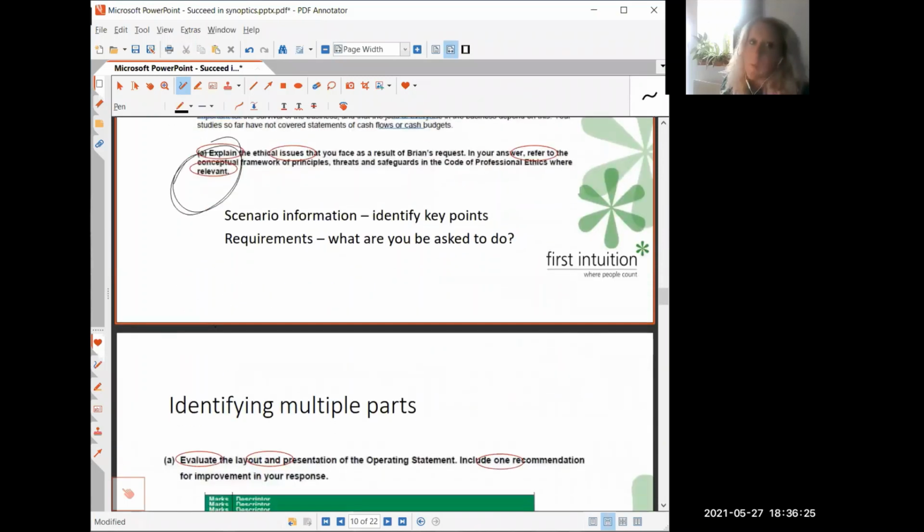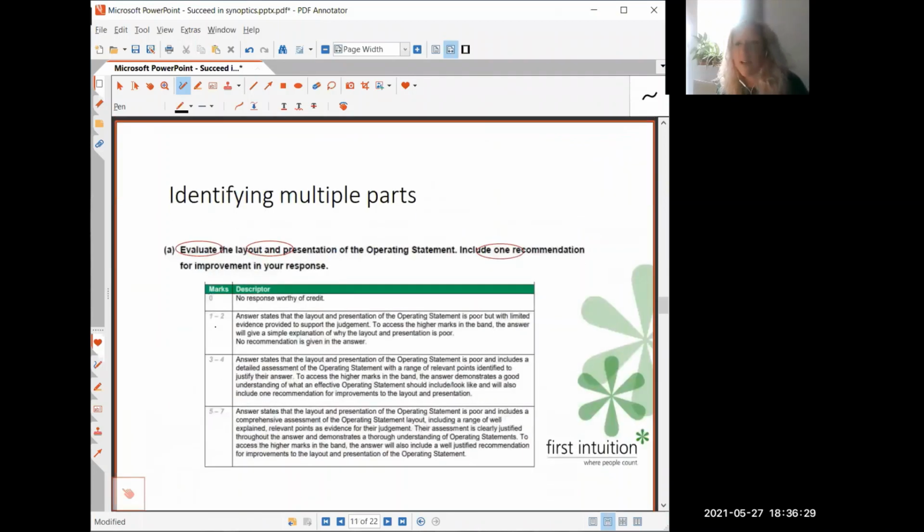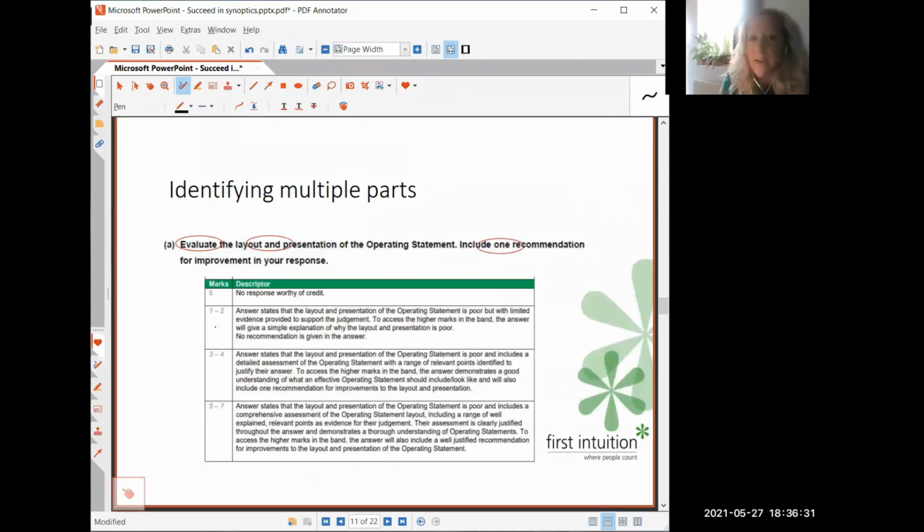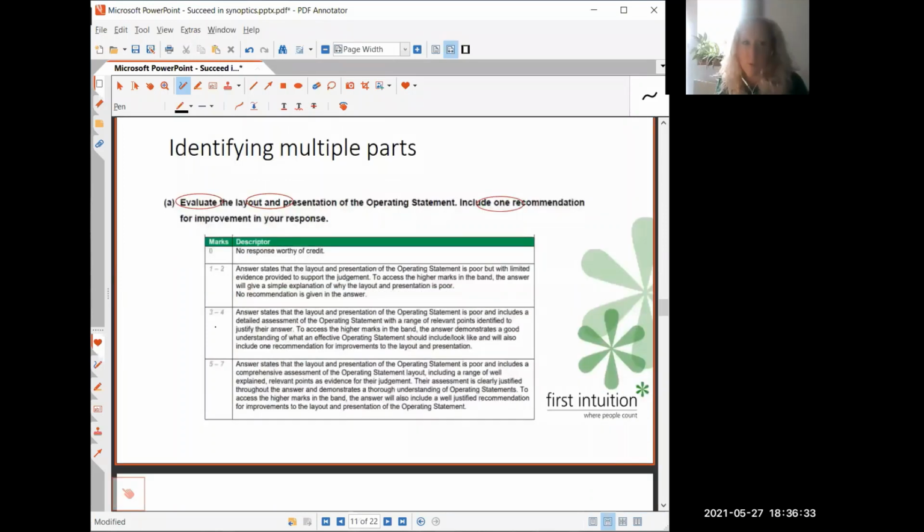So a little bit more on identifying multiple parts. And there's another reason I'm picking up on this one as well, and we'll have a few slides that look similar to this. So evaluate is the highest level verb. That's really giving the biggest kind of discussion, explanation.